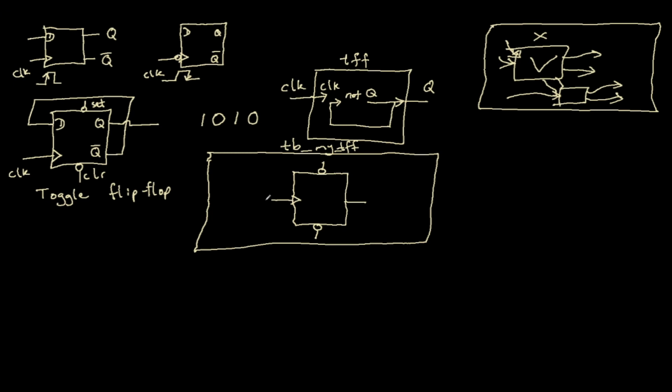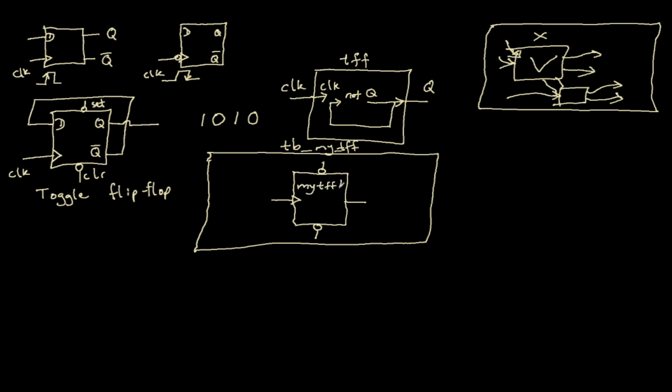So what we want to do is supply different inputs to this my TFF. I'll call it my TFF1. Maybe I should rewrite that so that it goes in there properly. I'll call this my TFF1.